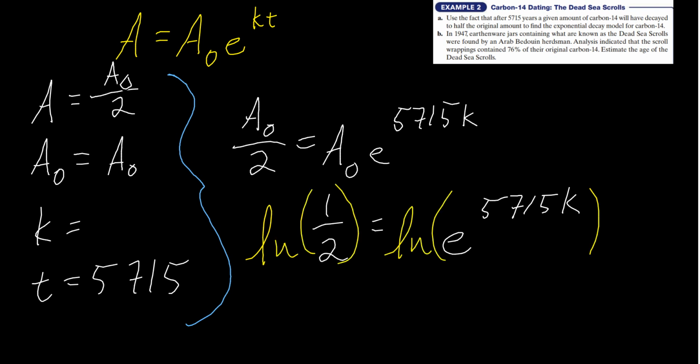Okay, so I'm just going to flip both sides again because I like having my unknown on the left. So 5,715K is going to be equal to the natural log of 1/2.